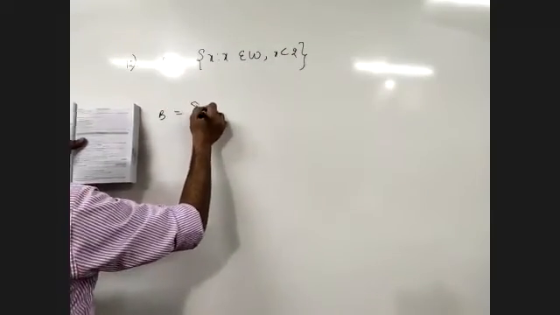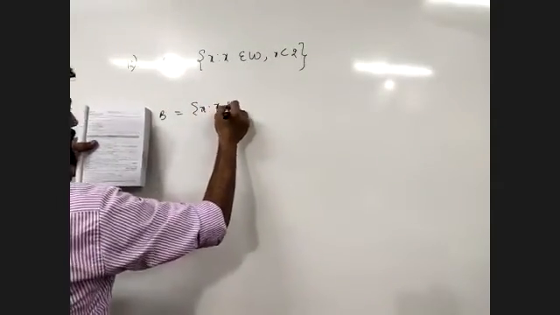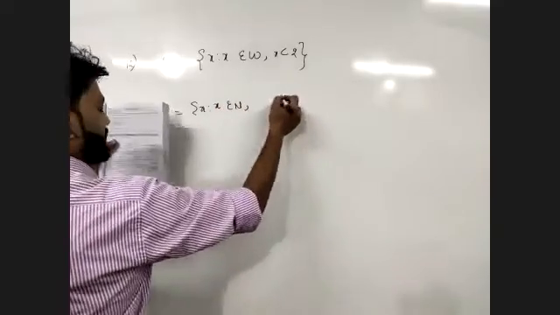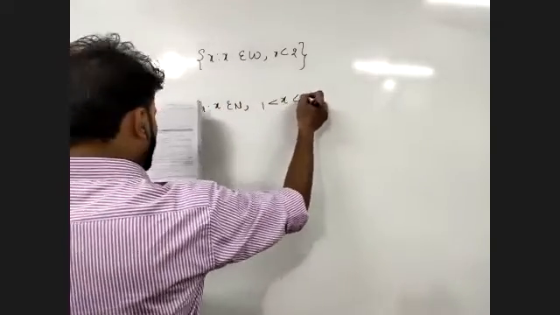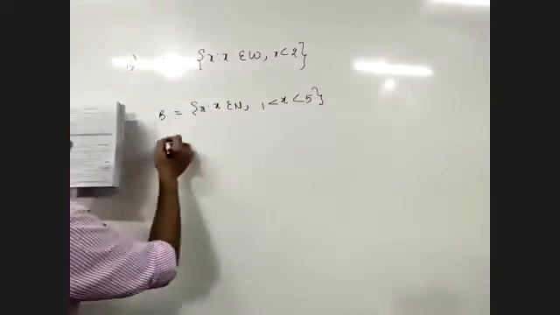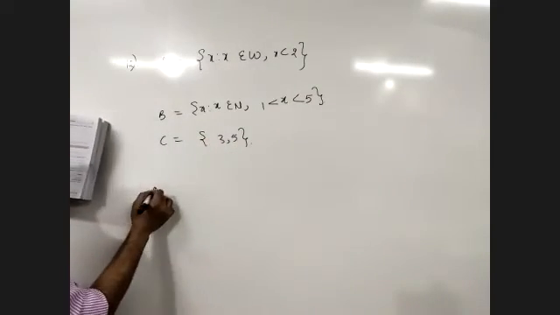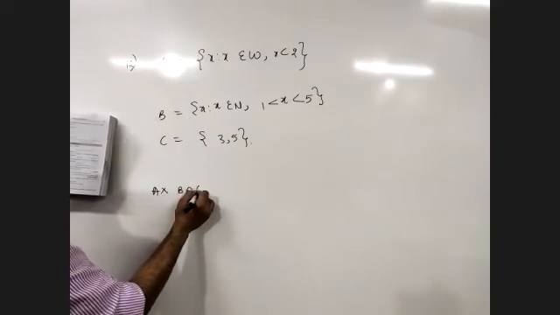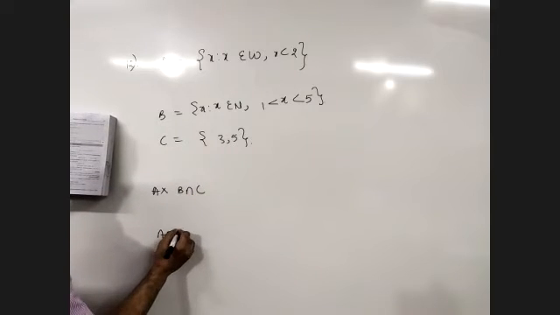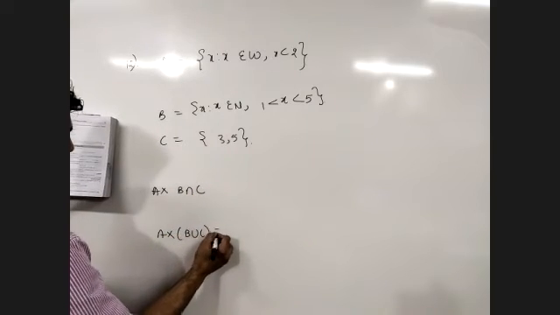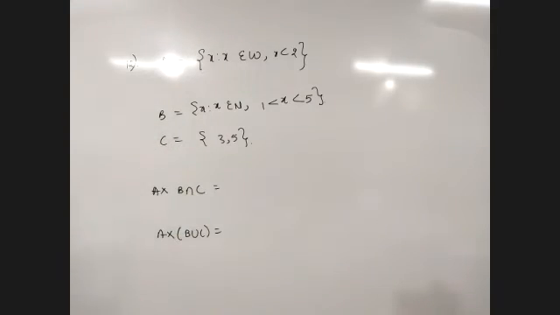Sorry, I was copying question 11. Set B is {x such that x is a natural number and x is greater than 1 but less than 5}. And C is directly {3, 5}. We need to find A cross B intersection C and A cross B union C. These two things we need to find.